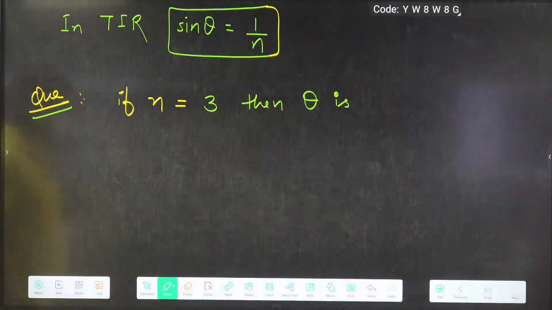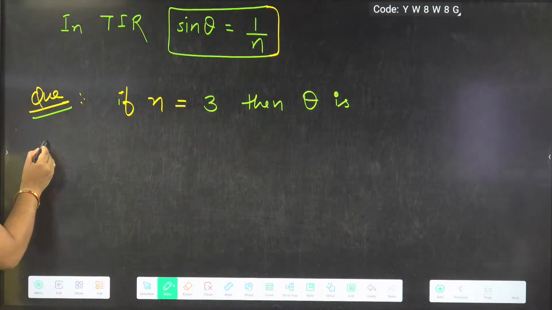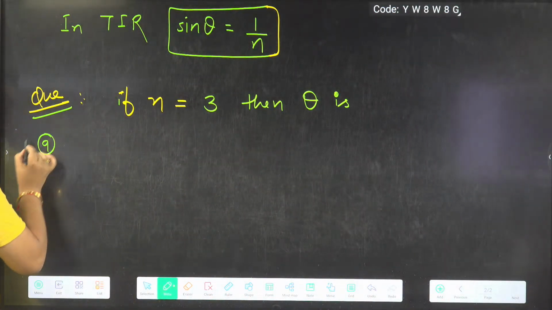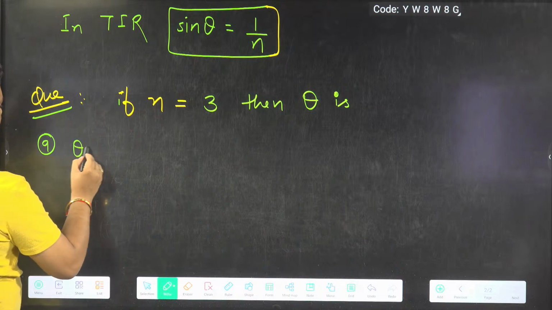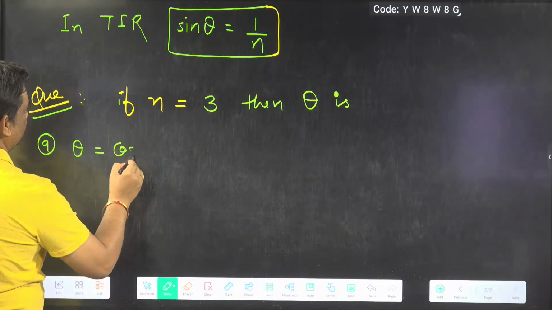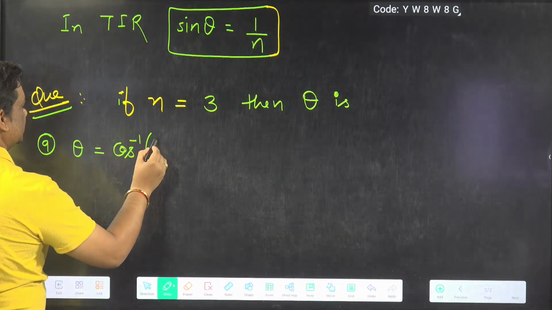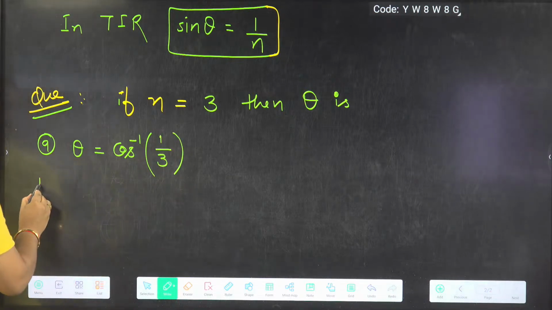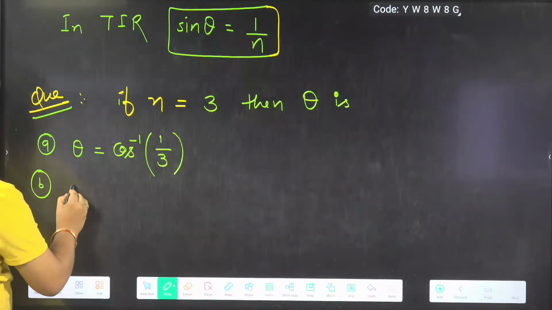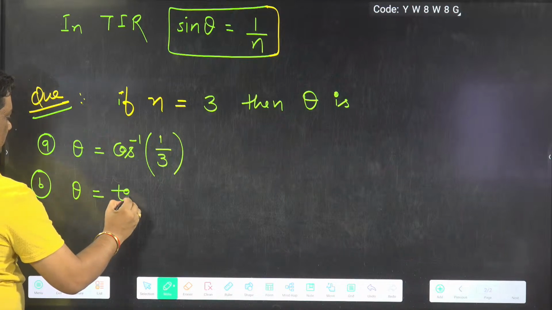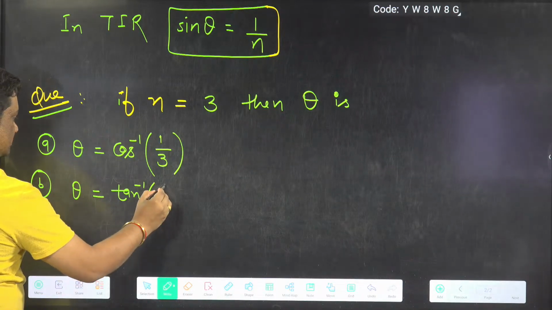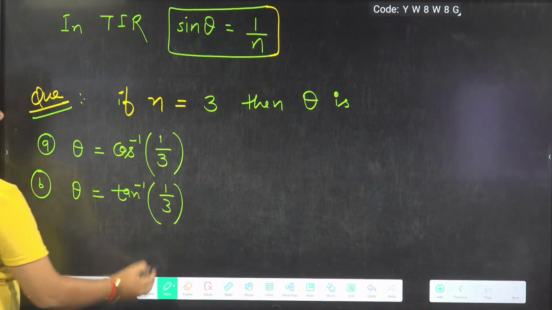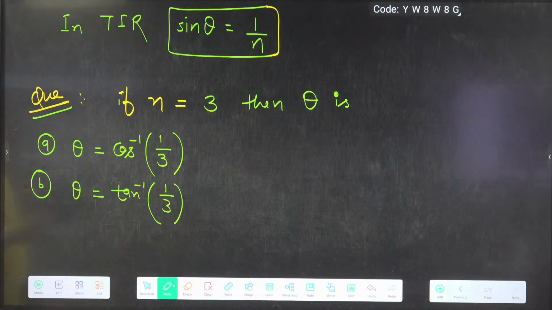Options I am giving. Option A: theta equals cos inverse 1 by 3. Option B: theta equals tan inverse 1 by 3. Clear now?